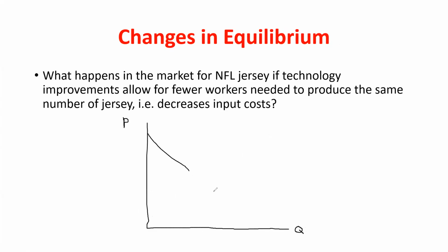Let's call this my original demand curve. Here's my original supply curve. And then how can I? So we start out here, we see a technology improvement, input prices go down, which means what happens to the supply curve?